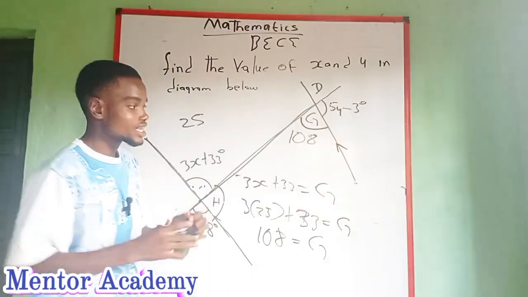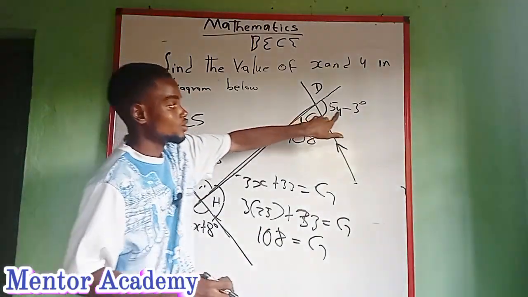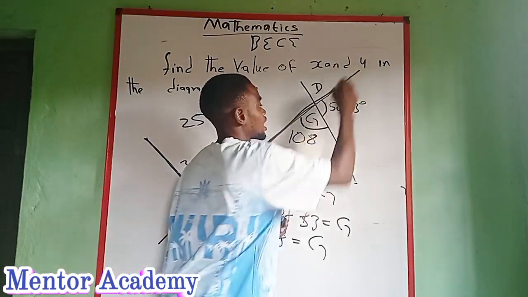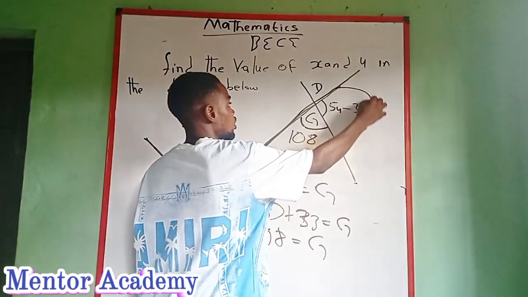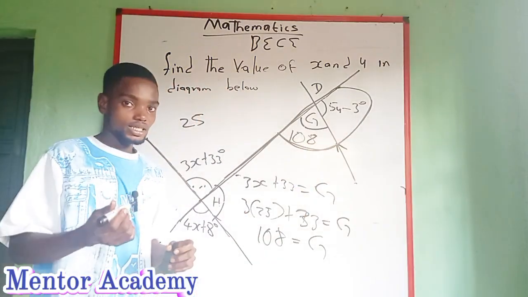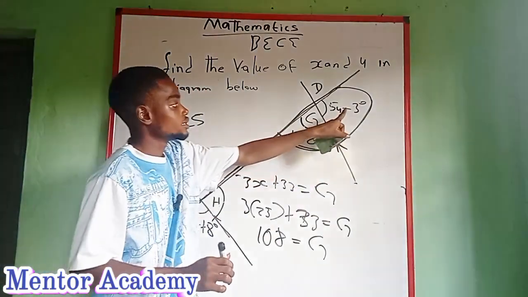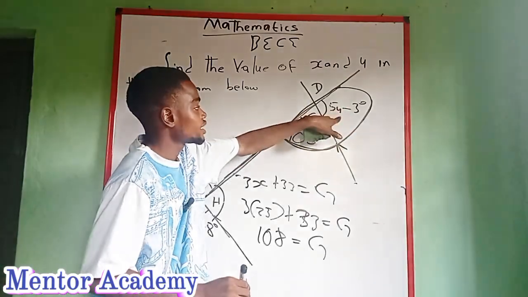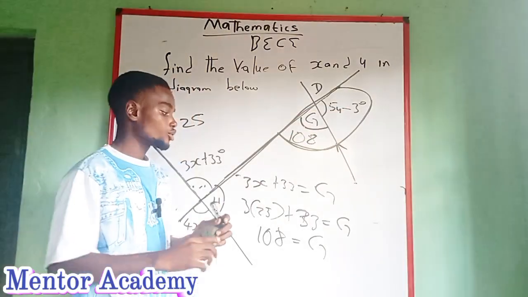But how does this angle here concern the y we are looking for? Because this line is a straight line, and the angles on a straight line, which is this whole angle here, add up to 180. So when I add this and this, I'm going to get 180. So I can now find y from the new equation I'm going to form.